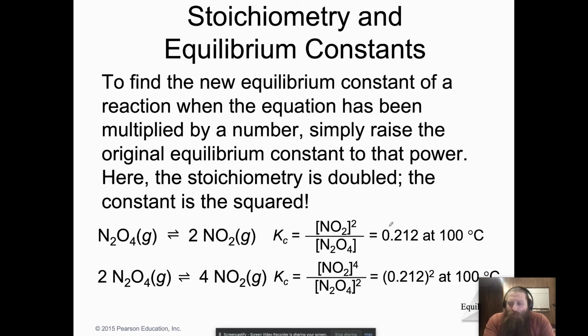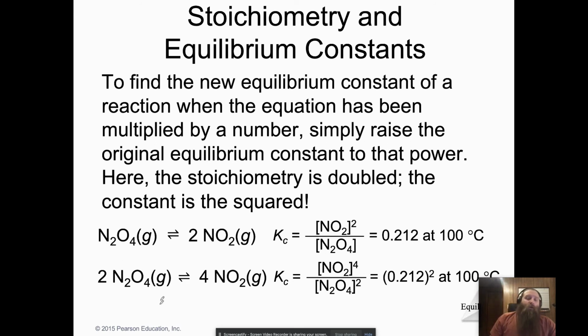In a similar vein to Hess's law, where we can put different equations together and manipulate some of the measured values, if we increase the number of molecules involved, so let's say we want to double the reaction, then we raise the original equilibrium constant to that power.